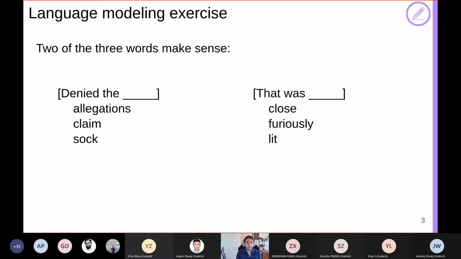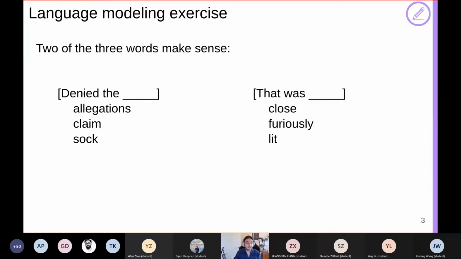As a little intuition builder here, we have a language modeling exercise. You will see that in these two sentences, there are two words that make sense and one word that doesn't make sense. And we know this because we humans have been trained through all our learning to be able to make some predictions as to what's going to come after a certain bunch of words.